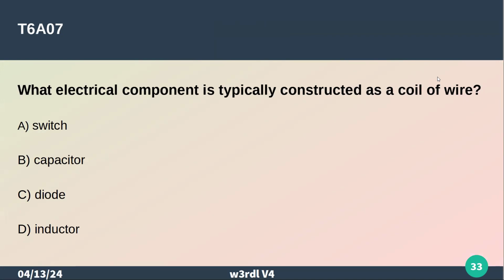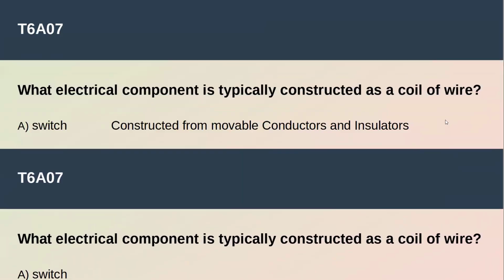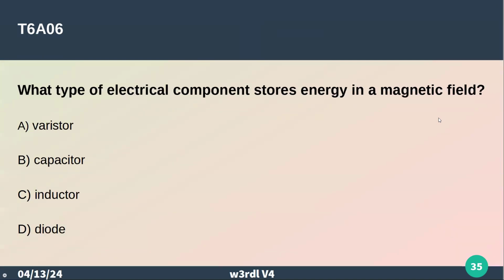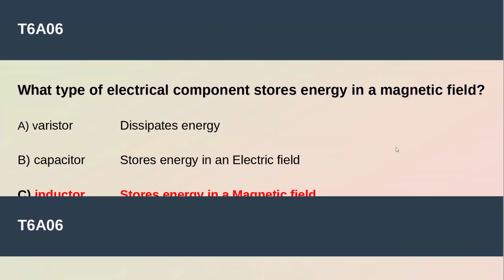What electrical component is typically constructed as a coil of wire? Delta. What type of electrical component stores energy in a magnetic field? Charlie.